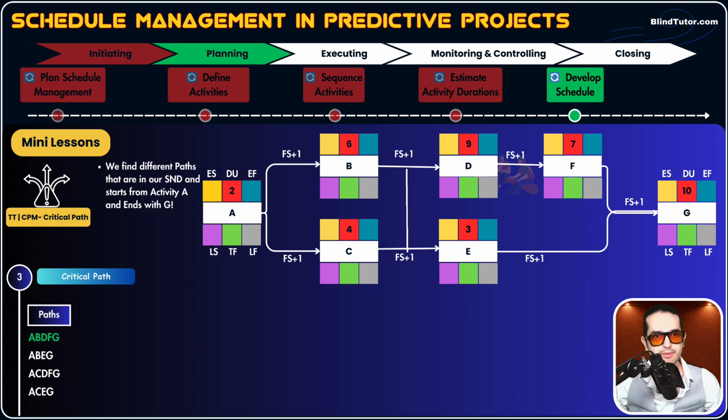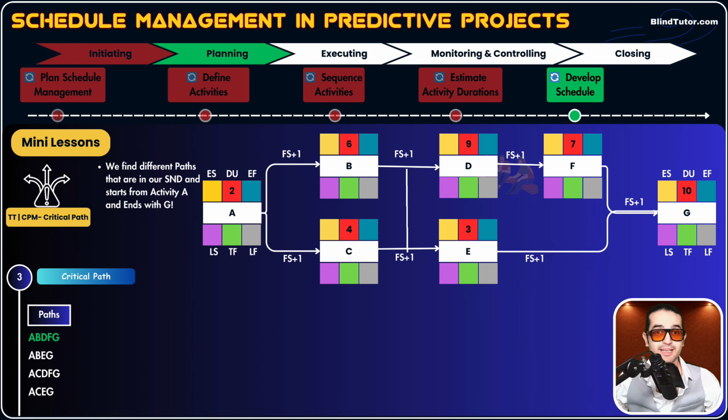Why do we need paths? How can you find the project duration? Guys, if, for example, activity B and activity C could be worked on in parallel and at the same time, we cannot just add the duration of activity A with B, C, D, E, F, G, like add all of the durations and say, okay, this is our project's duration.